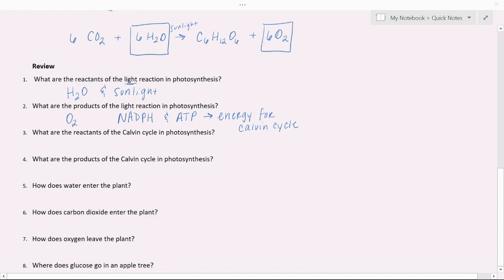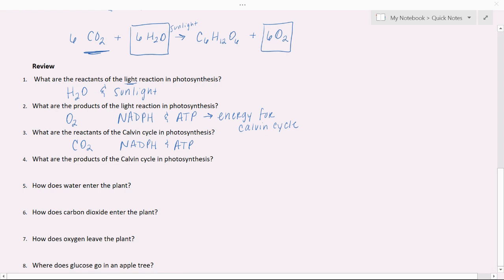Okay, so then what are the reactants of the Calvin cycle? Well, what reactant didn't we use yet? That would be the CO2. Carbon dioxide is what's providing the carbon. And then also, we needed that energy, NADPH and ATP, that we made in the light reactions.